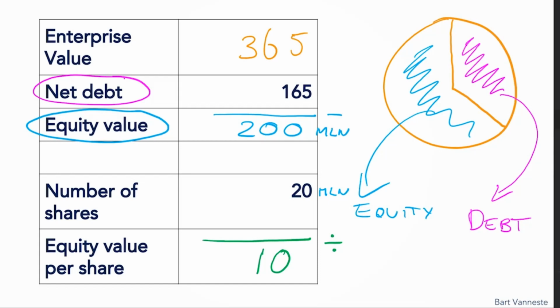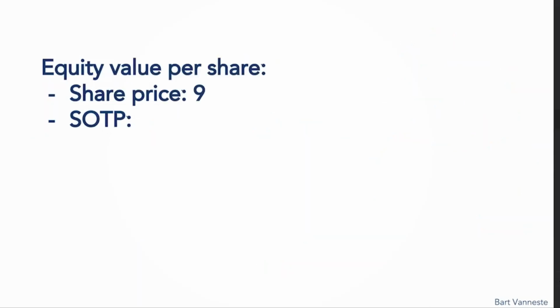As the last step, we can compare our calculations with how much the share is actually trading for. In our sum of the parts analysis, we calculated an equity value per share of 10. We can compare that number with the price for which the share is actually trading. Let's say that share is trading currently at 9, which means that our calculations are higher than the share price.